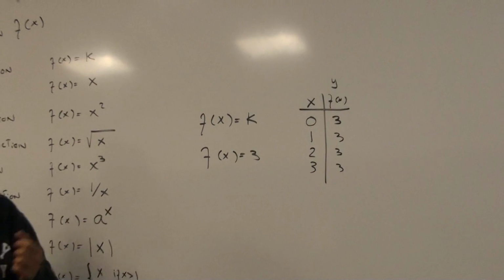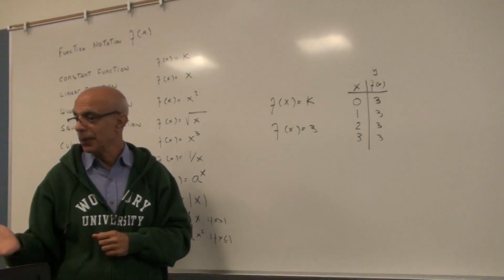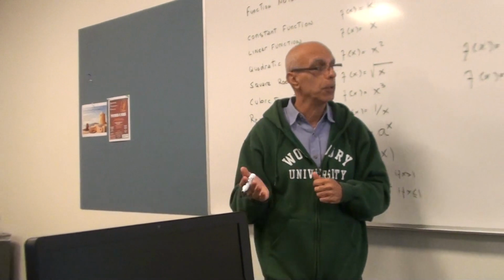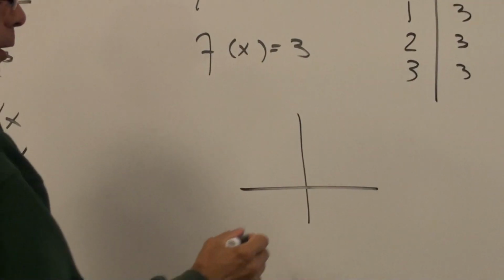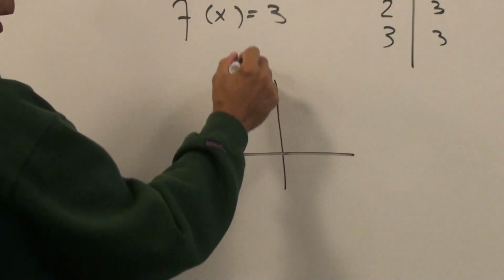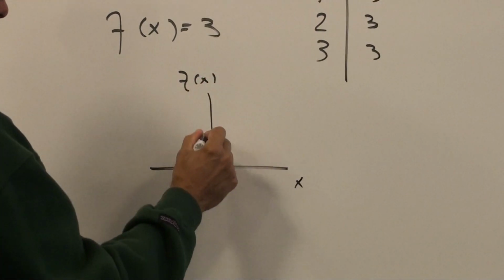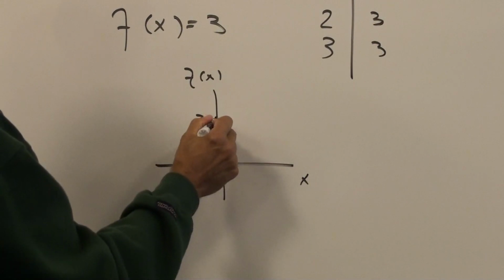So what does that mean? What is this line going to look like? Yes, can you say it? Horizontal. It's going to be a horizontal line, right? So if we graph that, it's going to look like this. Where f of x is here, and x is here. So 1, 2, 3. 3 is right here. So when x is 0, 3.